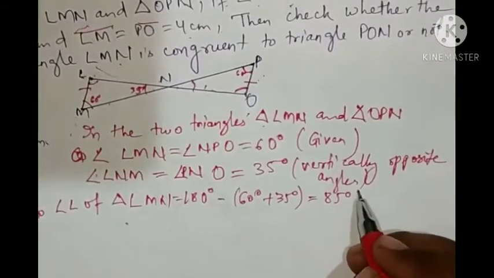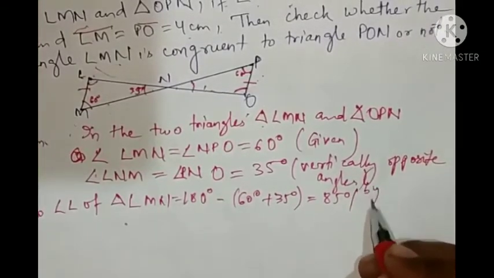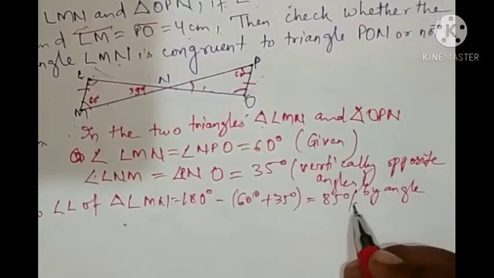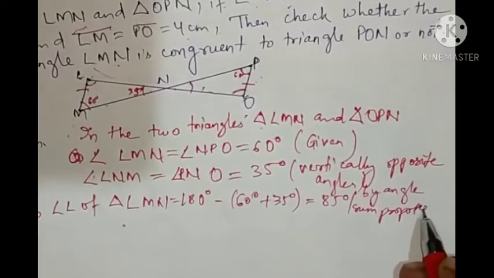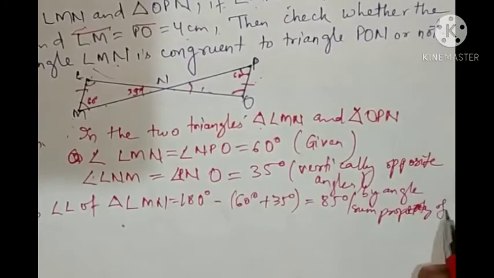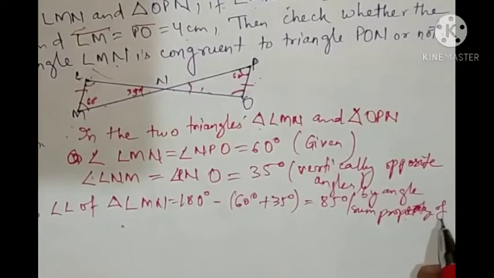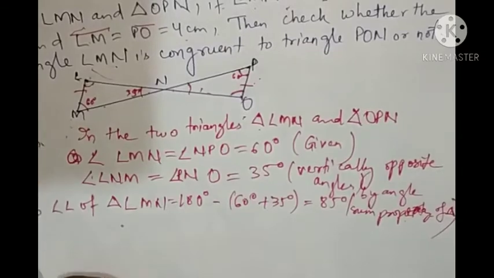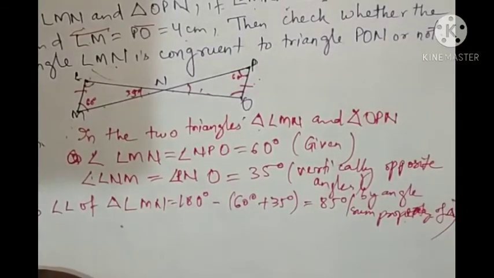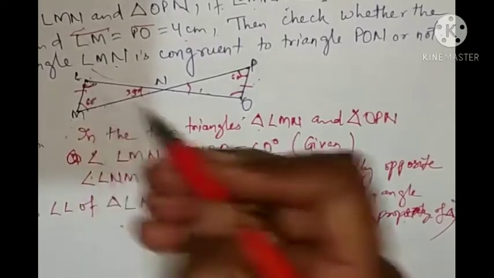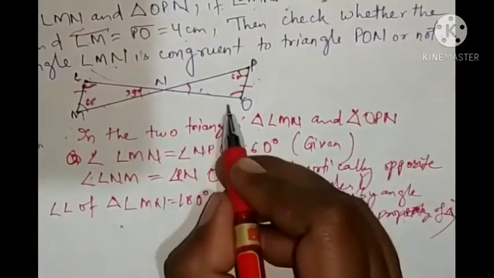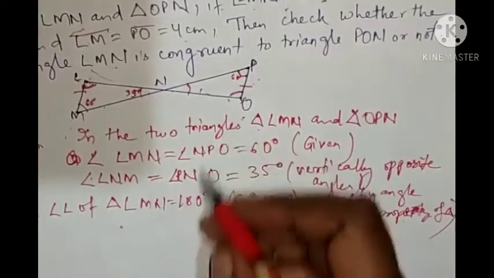This is by the angle sum property of triangle. Okay, next we got angle L, that is how much? 85 degrees.